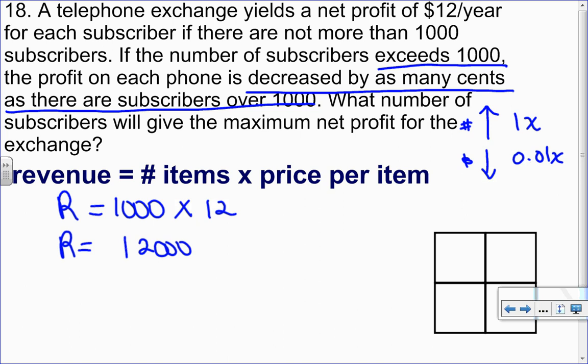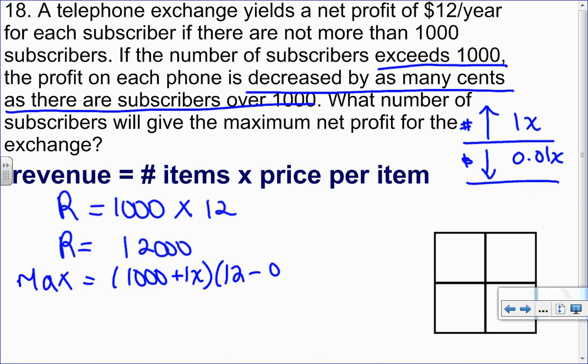Okay, so my max revenue equation, my new equation, is going to be my 1,000 subscribers, that's the number, plus multiples of x, and my profit is going to be $12 decreased by multiples of 1 cent x. So let's go ahead and apply the distributive property to get rid of my brackets. I'm going to do 1,000 times 12.